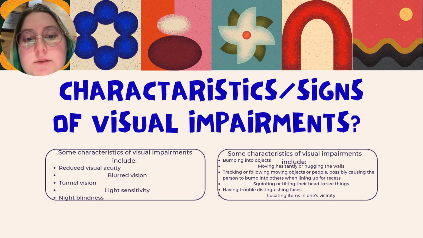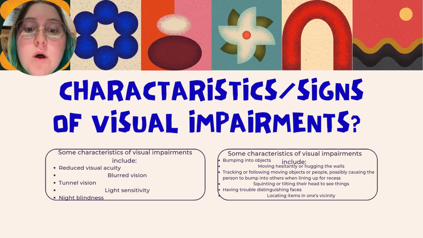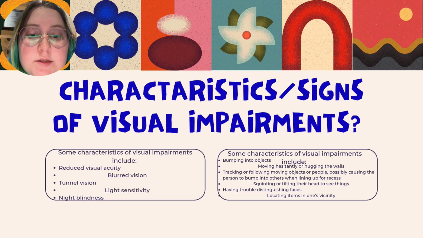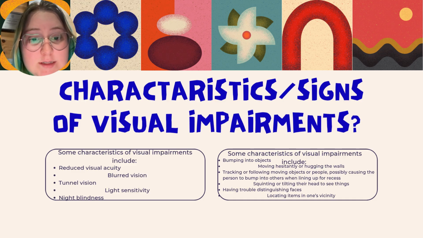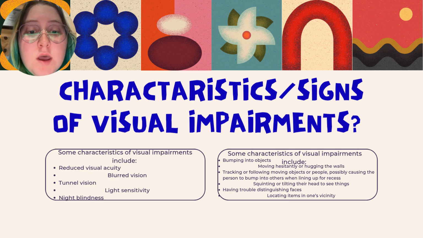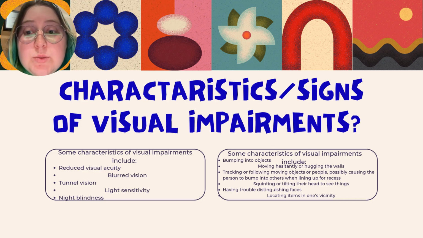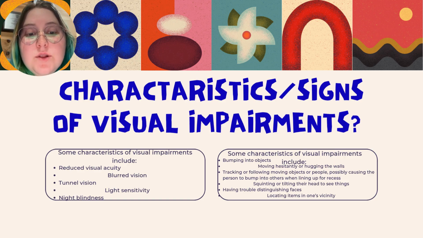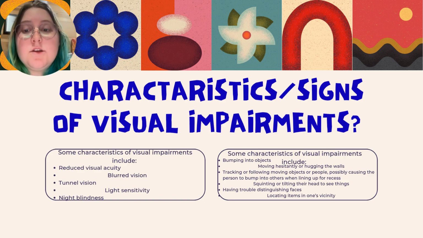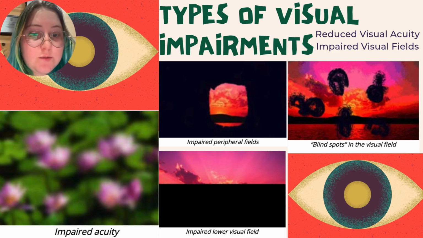Some signs could be bumping into objects, moving hesitantly, hugging walls, tracking or following moving objects, possibly causing the person to bump into others, or like when lining up for recess, they might bump into other people, squinting or tilting your head to see things, having trouble distinguishing faces, and then also locating items in their general area.